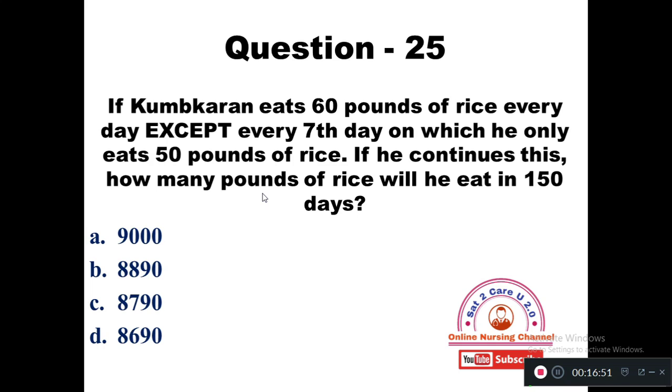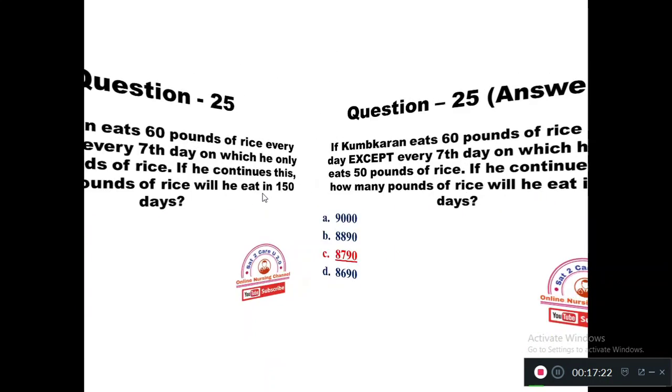A 9,000 pounds, B 8,890 pounds, C 8,790 pounds, D 8,690 pounds. So every day Kumbhakarn eats 60 pounds of rice, but on the seventh day he eats only 50 pounds. If it continues for 150 days, finally how much rice would he have eaten?